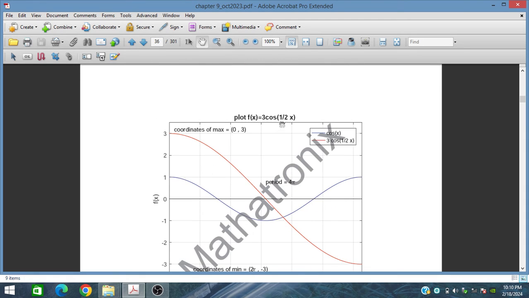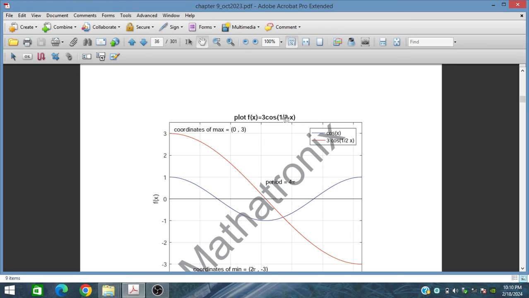Similarly for this one, this is cosine, and this is simply the half of the cosine. So this red is basically from here to here. The remaining half is not plotted because this is only the half x.